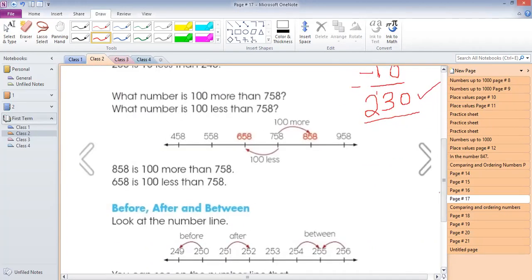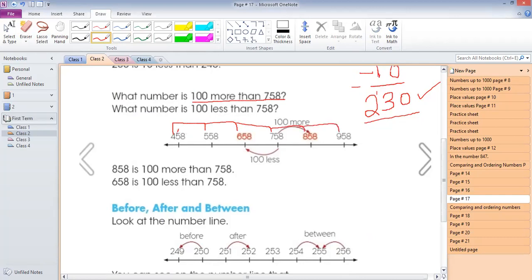Now we will come to the next, that is, what number is 100 more than 758? Guys, if you check this number line, only the hundreds values are getting increased: 4, 5, 6, 7, 8, and 9.